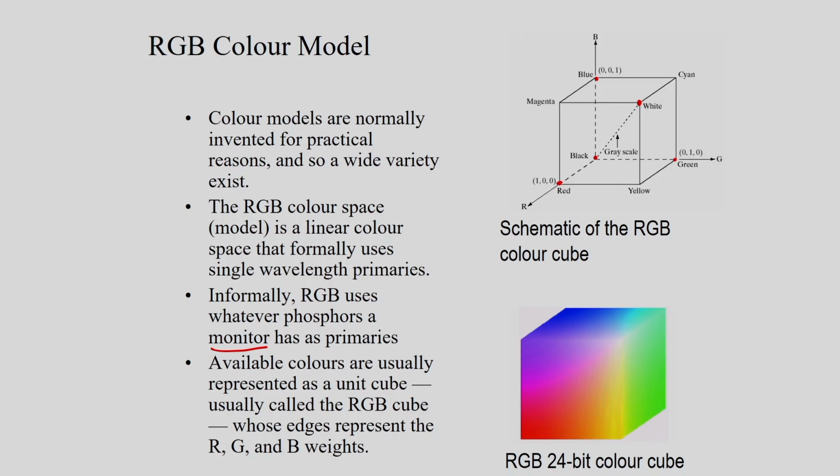Because for the R component I need 8 bits, for the G component 8 bits, and for the blue component 8 bits. That is why it is the RGB 24-bit color cube, and all the primary and secondary colors you can see here. So this is called the RGB color model, or sometimes the hardware color model.